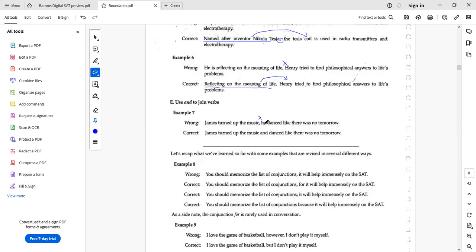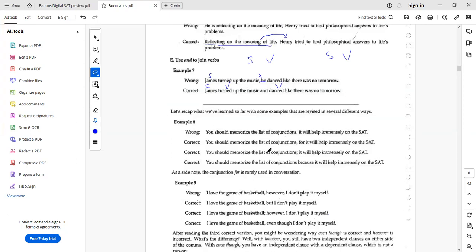So what I'm going to do is cancel he and the comma and put and. So: James turned up the music and danced like there was no tomorrow. Now this is a simple sentence, not compound, because it has a subject and two verbs, not subject verb, subject verb. It has only one subject and two verbs. We call this a compound predicate or compound verb.